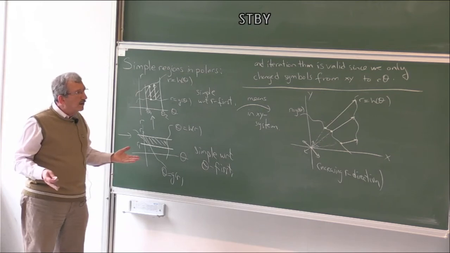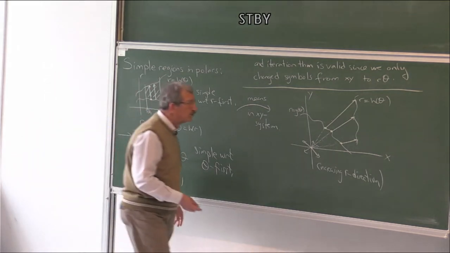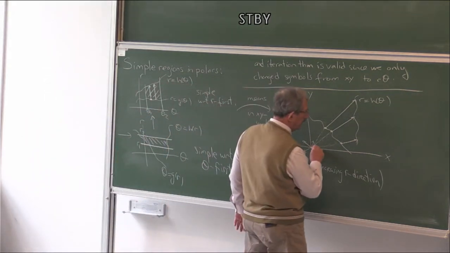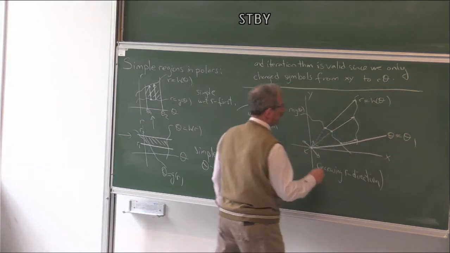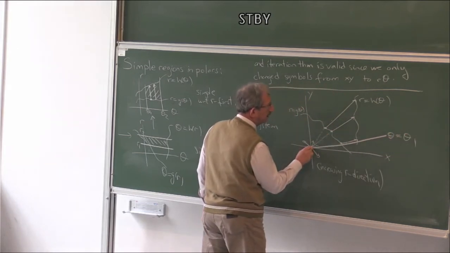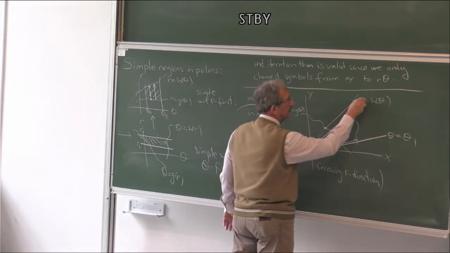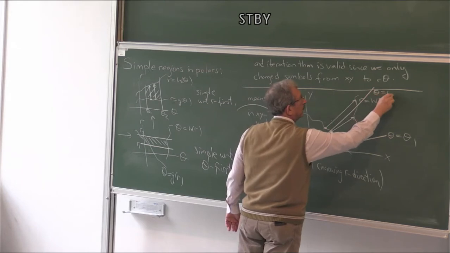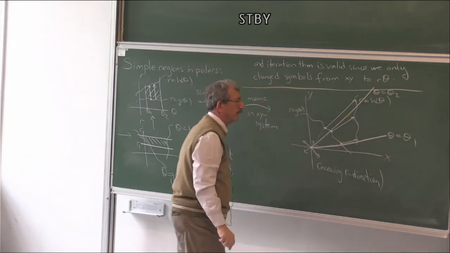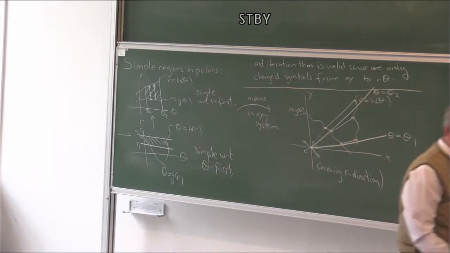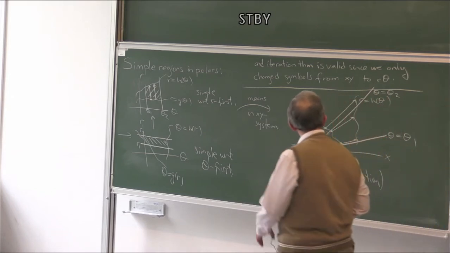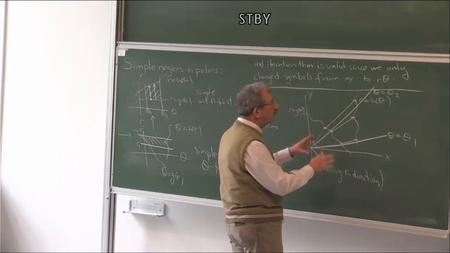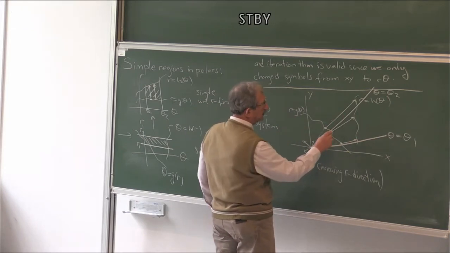Well, theta constant means, of course, that you have here something like this, and here perhaps something like this. So, what is a simple region then in polars, but observed in the xy system? It's something like this.